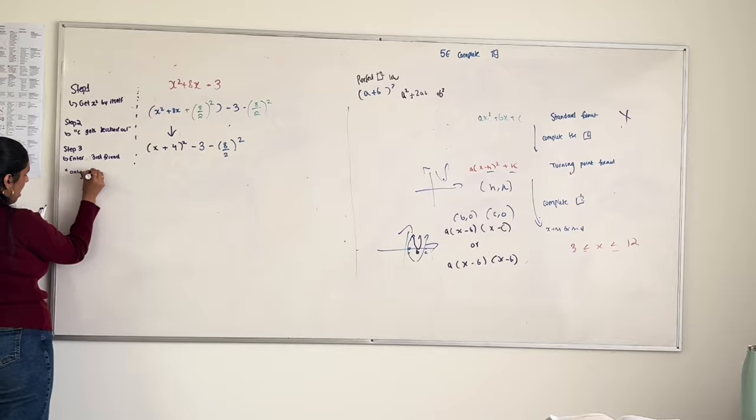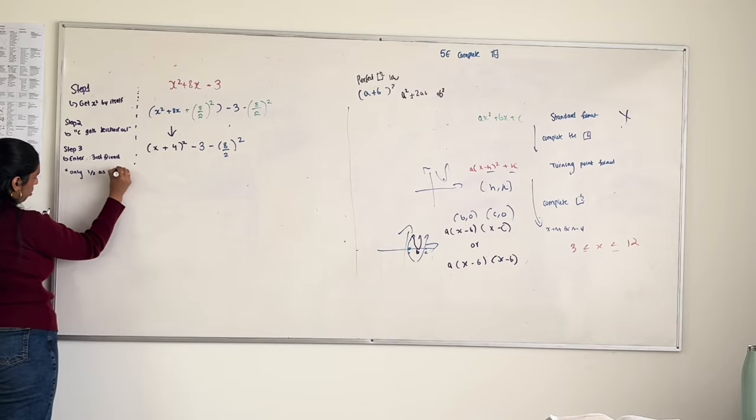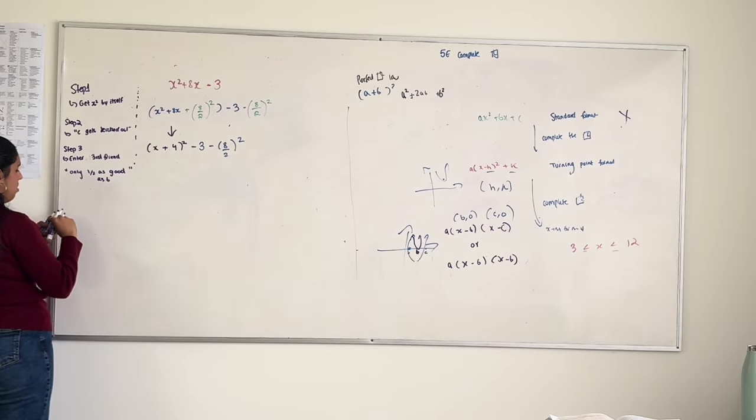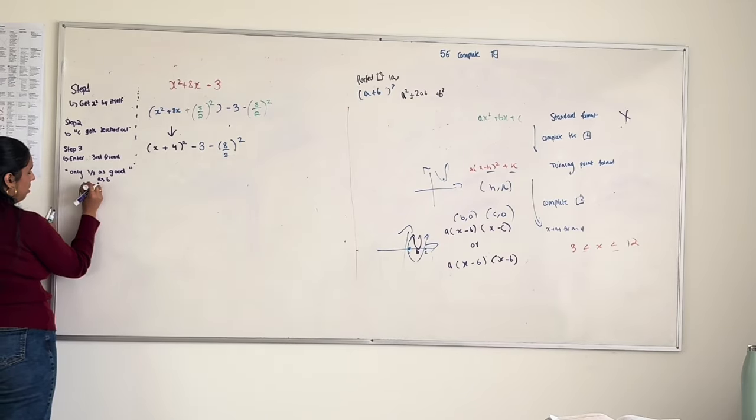only half as good as b. And I want you to write down this is actually b over 2 squared.